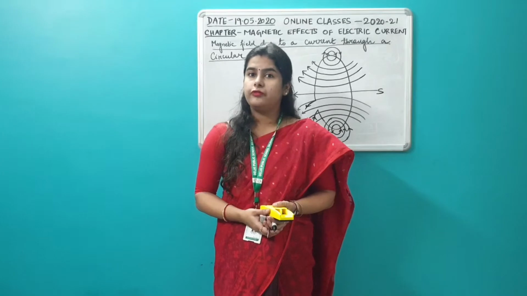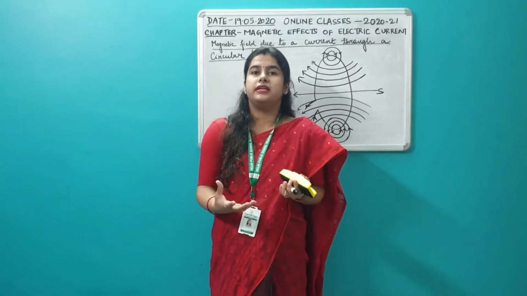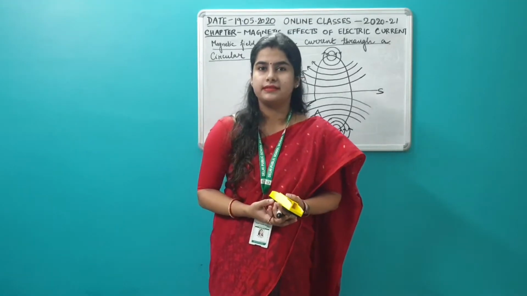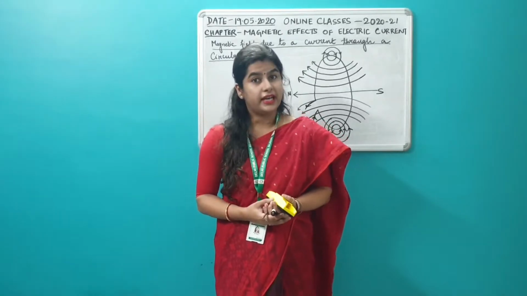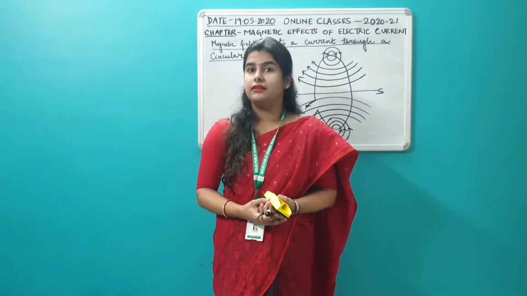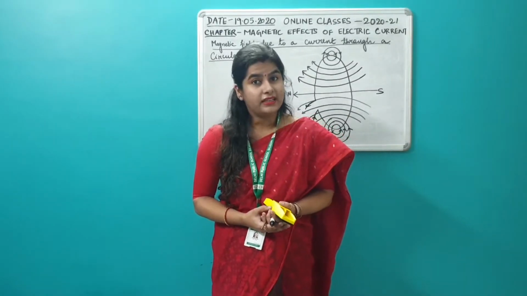I hope all of you have gone through the chapter. We had just done some introductory portion of the chapter yesterday, isn't it? Like the Oersted's experiment, which you had already done in your junior classes. What is a magnetic field? What are the field lines?